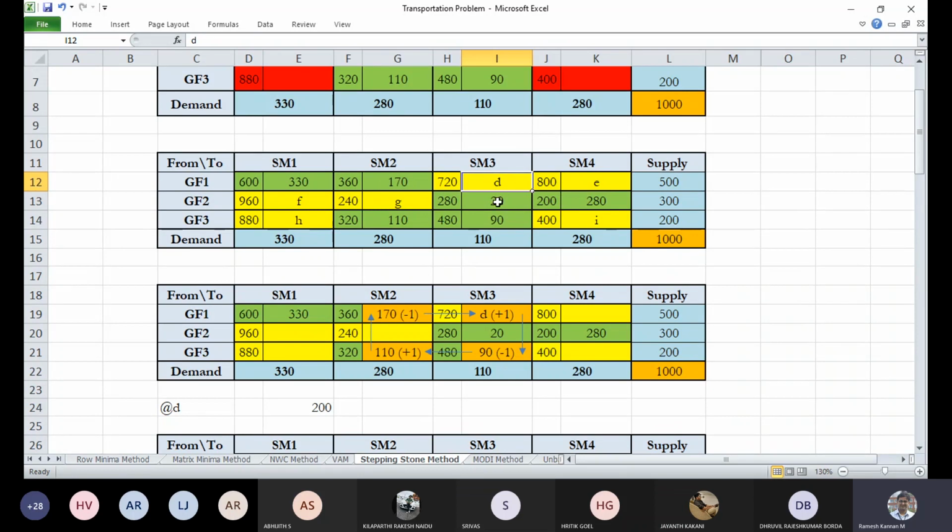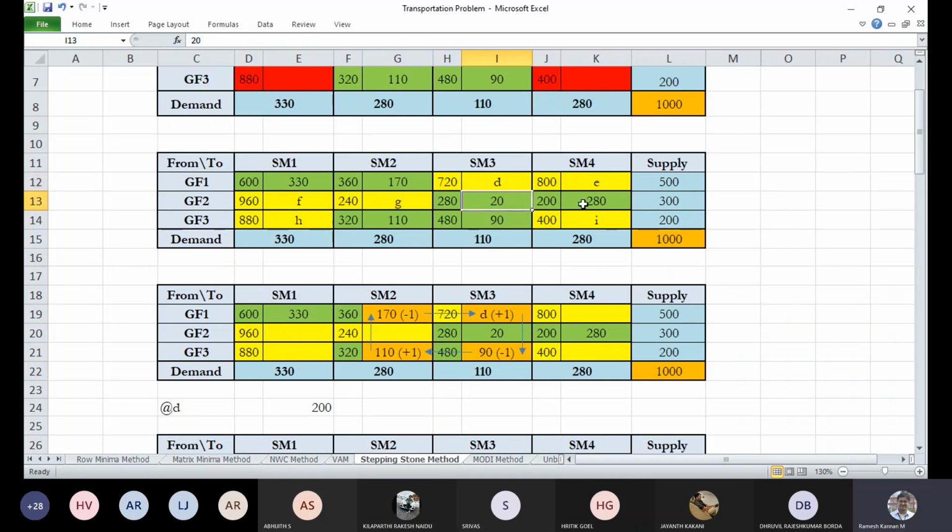You can try the other way around too, anti-clockwise, but generally clockwise is preferred.